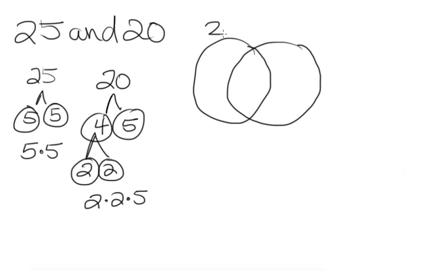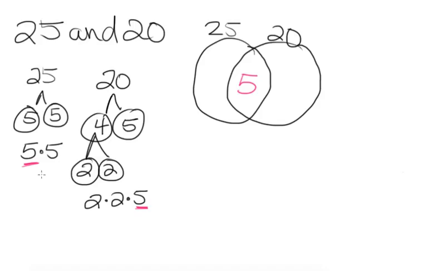Label this one 25. Label this one 20. And we'll go through, identify what they have in common. So 25 has a 5 and a 5. 20 has a 2, and a 5. Looks like they only have one 5 in common. So that's the only number I'm going to write in the center.